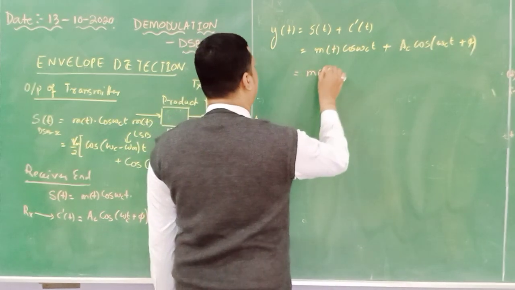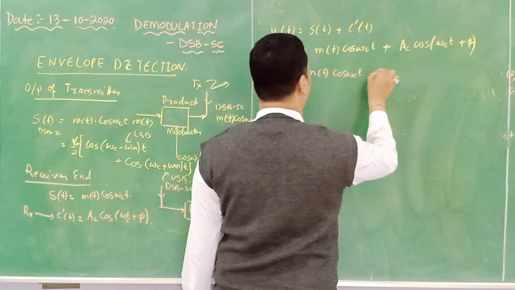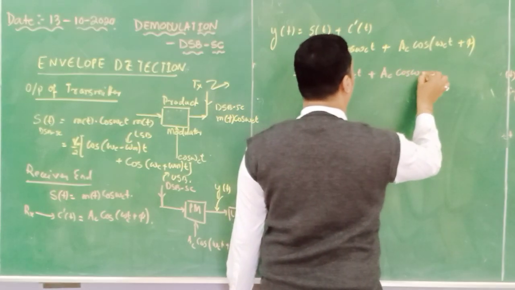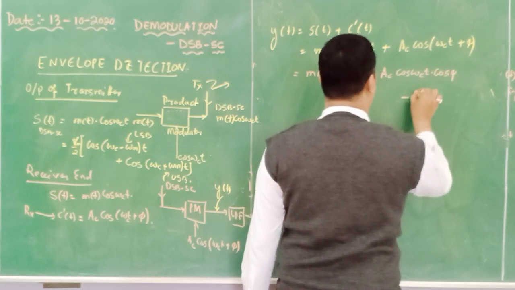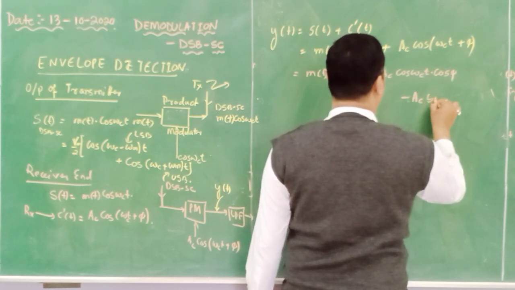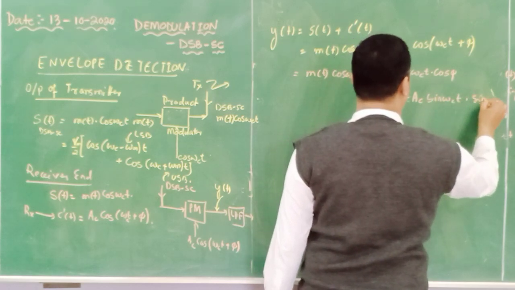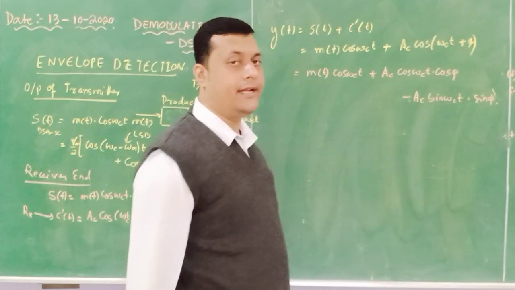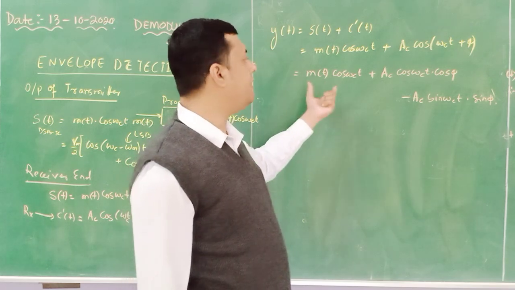So here I will write m of t cos omega ct plus AC cos omega ct dot cos phi minus AC sin omega ct into sin phi. So this is the expansion. Now we need to identify the magnitude part available in this signal.